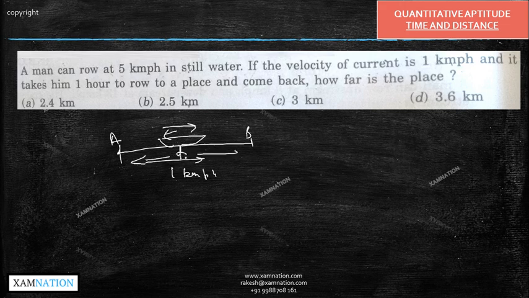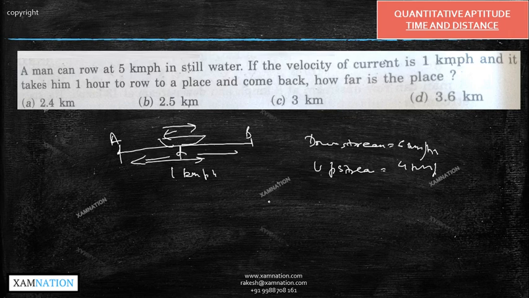So he's covering a distance of D, right? Let's take a variable called D. And it takes a total of 1 hour to row from A to B and B to A, right? In the first case, the relative speed becomes 6 km per hour downstream, and upstream it becomes 4 km per hour.